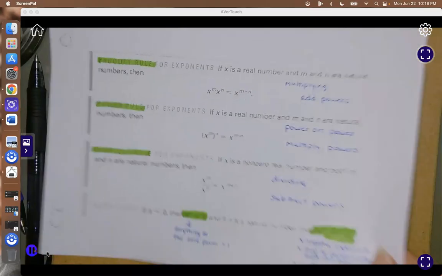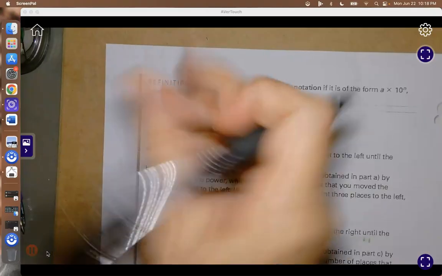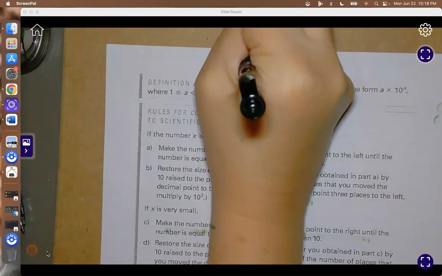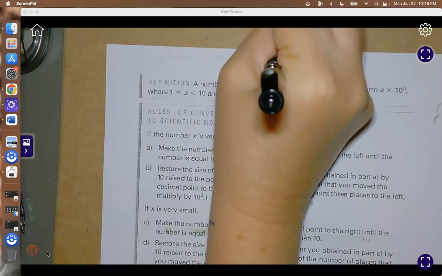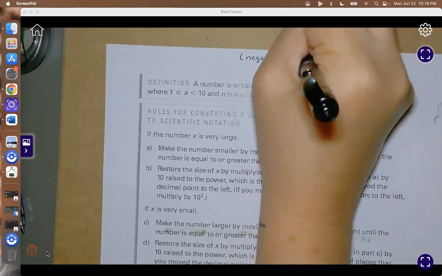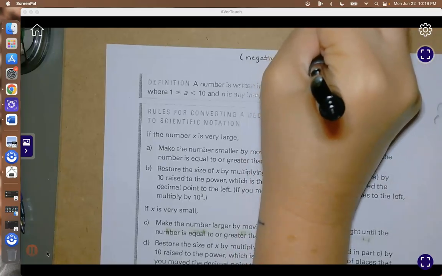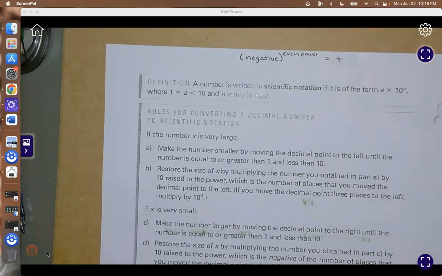Alright. Another thing that I want you to remember, if you have a negative number and it's raised to an even power, then your answer is going to be positive.